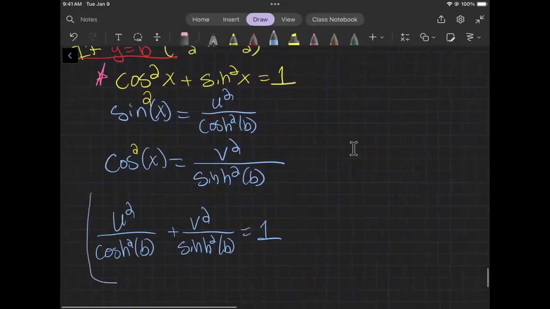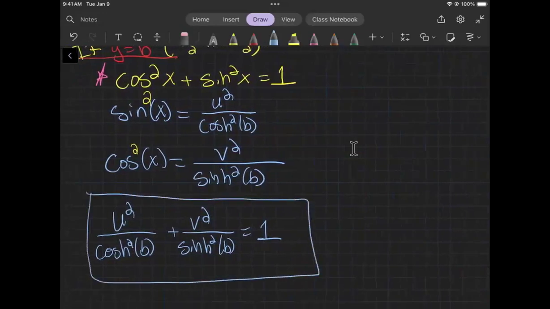And do you know what curves describe these equations here? Well, if you said ellipse, you were right. This is an equation of an ellipse in the W plane.